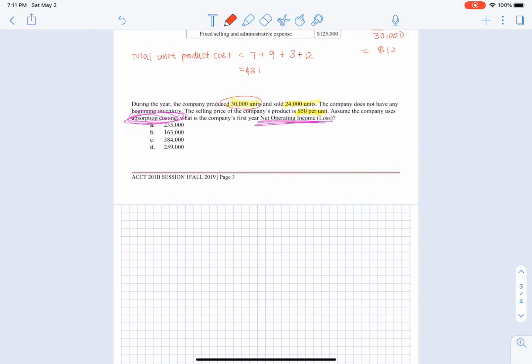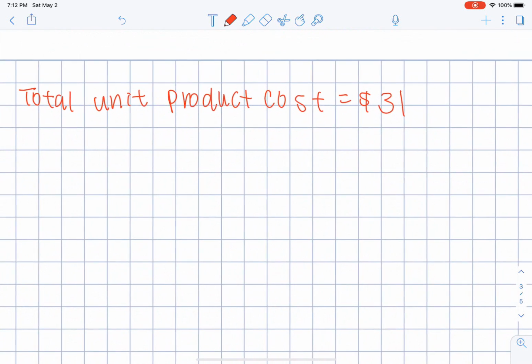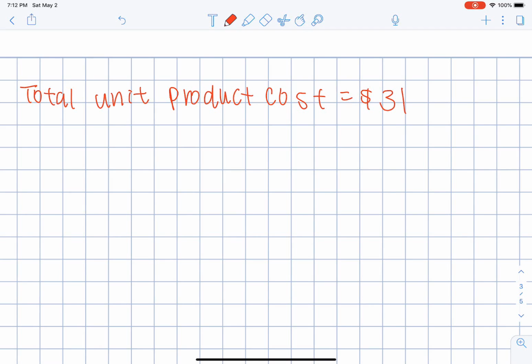And now we're going to find our net operating income or net operating loss. It depends on the number how we calculate. So we know the total unit product cost is 31. Okay, let's get started with the numbers.